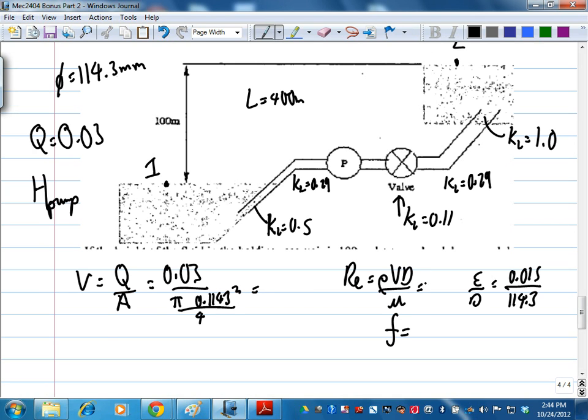Reynolds number is 1.8 million. Relative roughness comes to 1.6, 0.01.